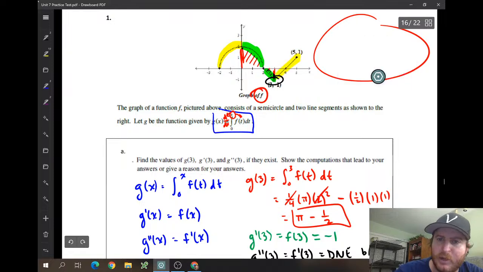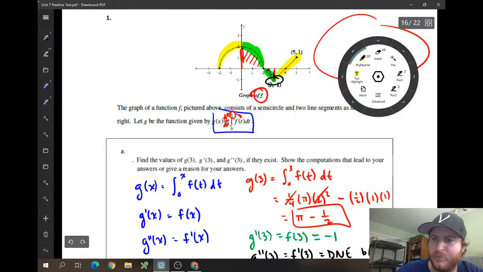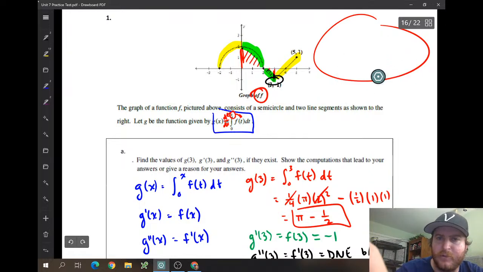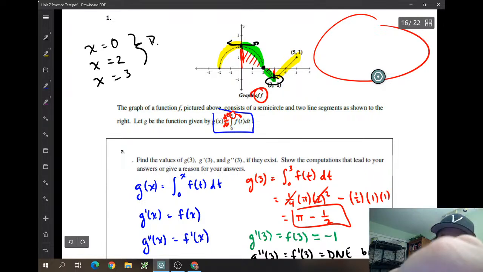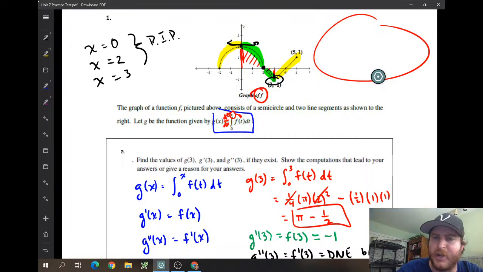So if we were talking about possible inflection points, technically x equals 0 is a possible inflection point. And then here at x equals 2, there's a kink. And then here at x equals 3, there's a corner. So all three of these are possible inflection points, but it's only an inflection point if it actually changes.